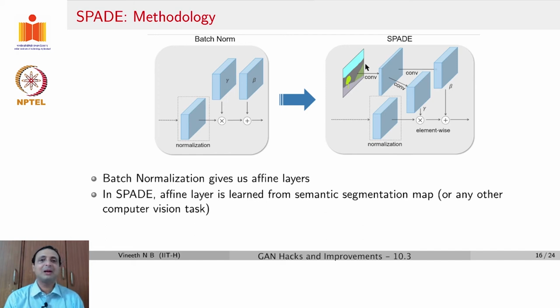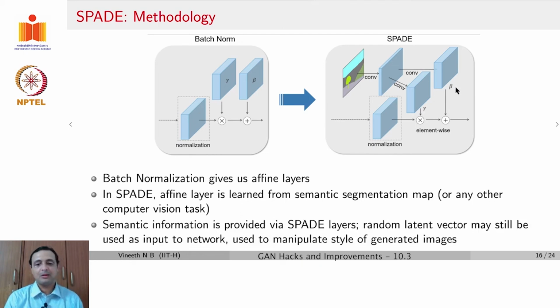Recall that a semantic segmentation map has a pixel-wise association of a class label. So you can see here in this sample, you have a tree, a sky, a mountain, grass, and perhaps a road. That is used to define the gamma and beta for normalization.